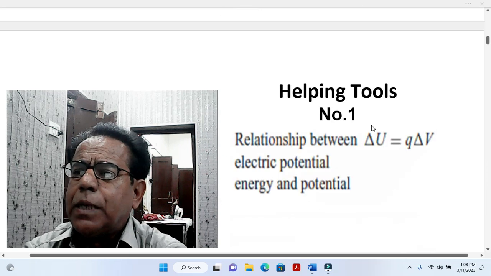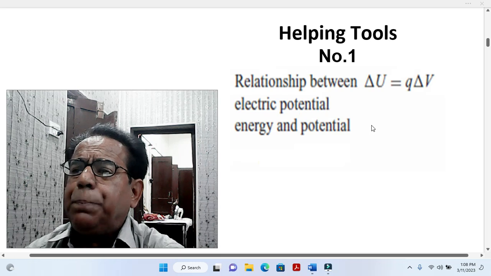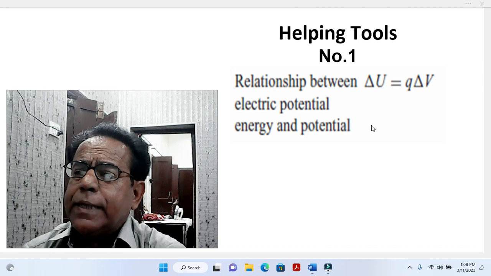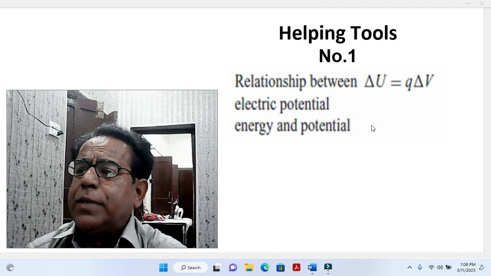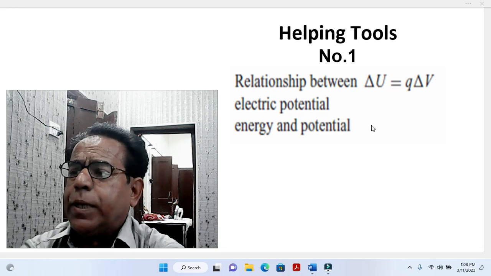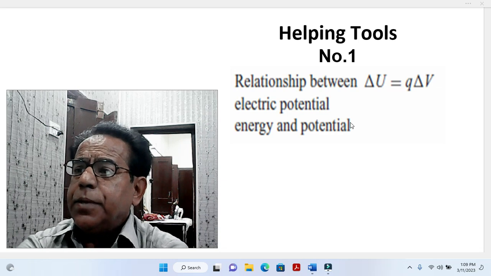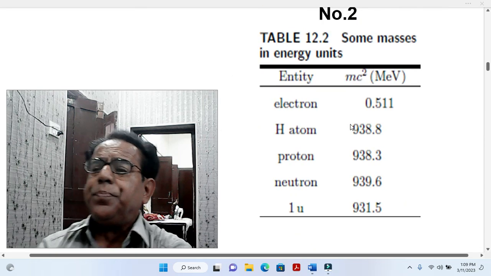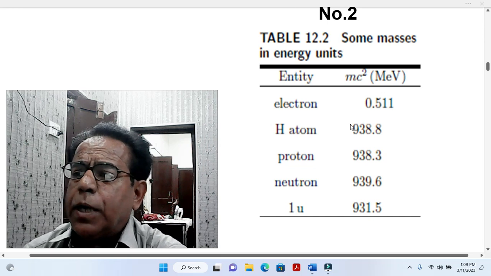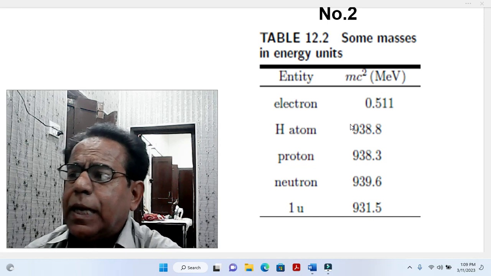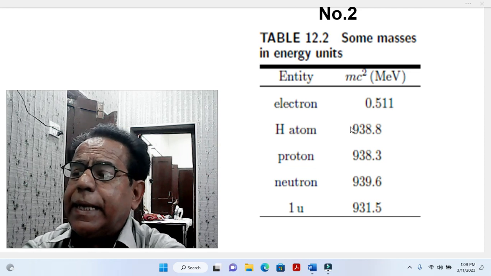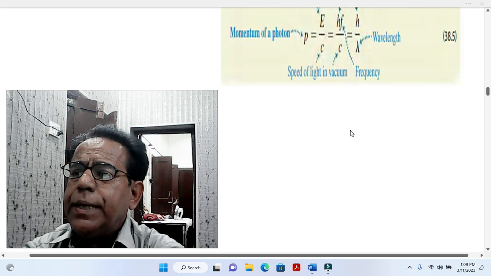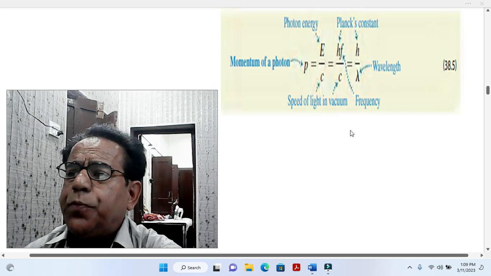As usual, we first come to our helping tools. Helping tool number 1, the relationship between electric potential and potential energy, that is ΔU = QΔV. Next, tool number 2 is a table where the proton mc² in terms of million electron volts is given as 938.3. We will use this value. Next tool is the momentum of a photon.